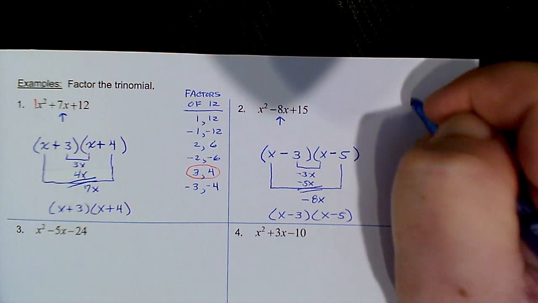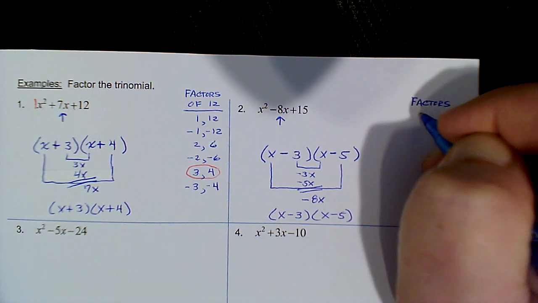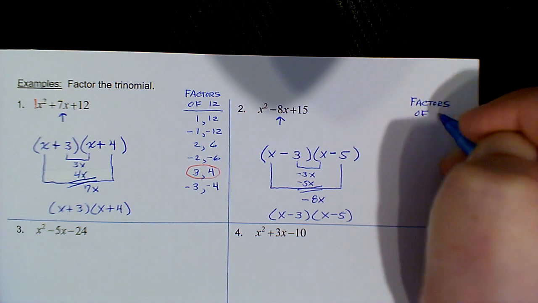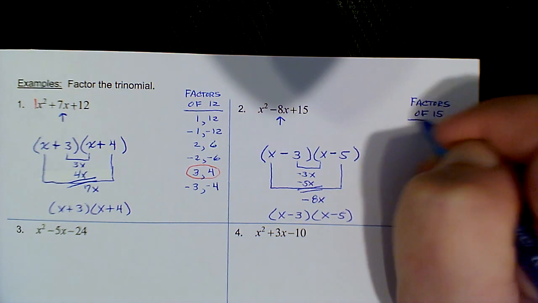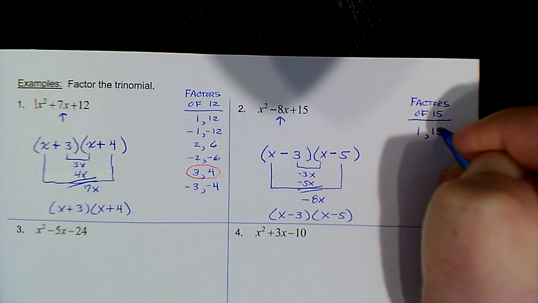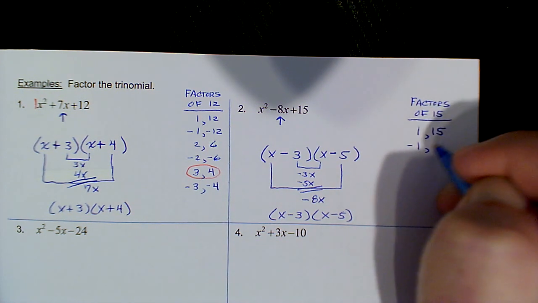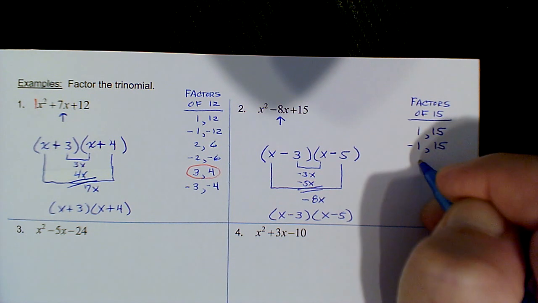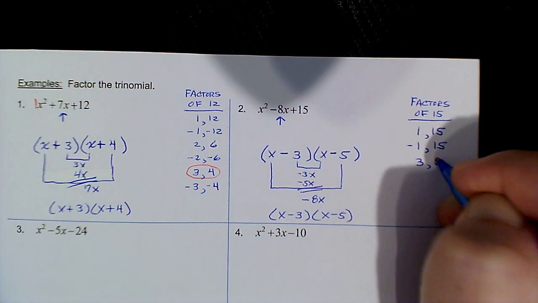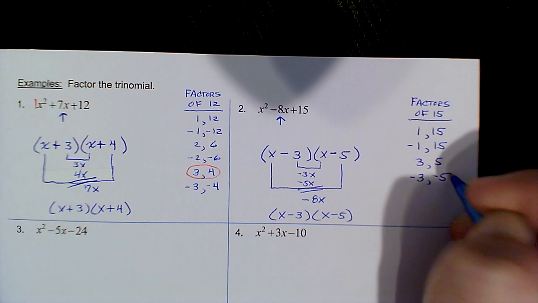Now once again, the factor thing works. Here, let's list the factors of 15. Again, you have to account for both positives and negatives. So 1 times 15, negative 1 times negative 15, 3 times 5, negative 3 times negative 5.